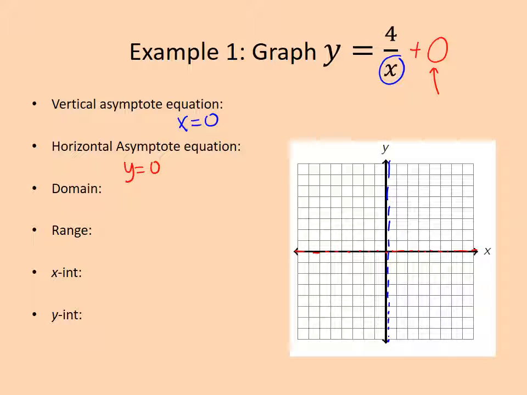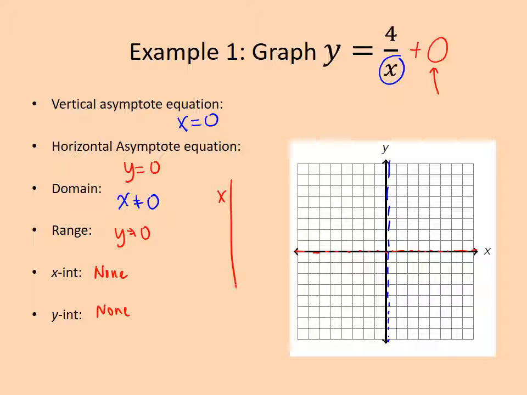Now our domain is all real numbers except for 0. So x does not equal 0. And our range is all real numbers except for 0. So y does not equal 0. In this particular equation, there is no x-intercept and no y-intercept, because our axes are in fact the asymptotes. So none and none.